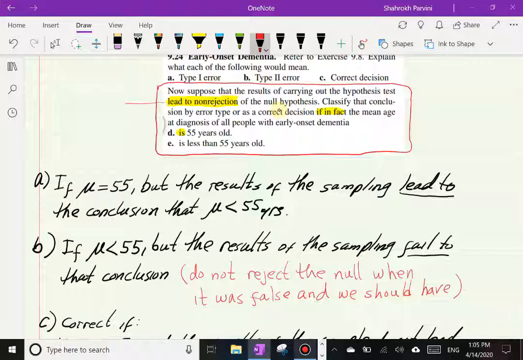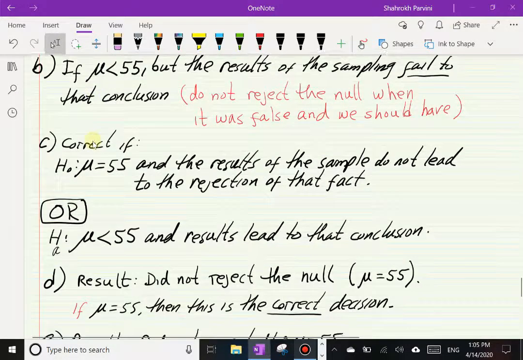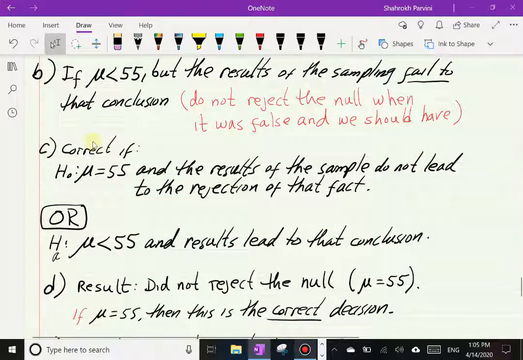When they say we could not reject, that means they are agreeing that the average is 55. And if in fact the mean is 55, well, that's the correct decision, isn't it? They didn't reject it, and it is in fact 55. So everything is good. So in part D, that would be a correct decision, right? So they did not reject the null, and if mu is 55, then this is the correct decision.